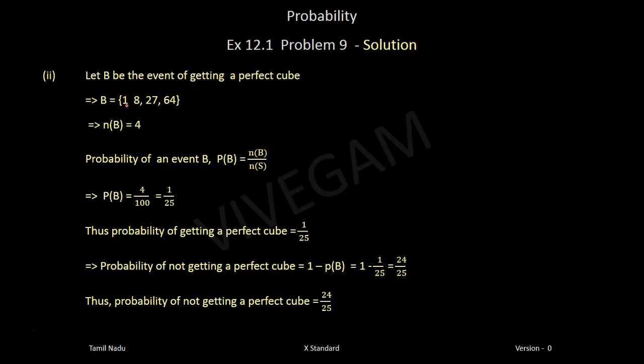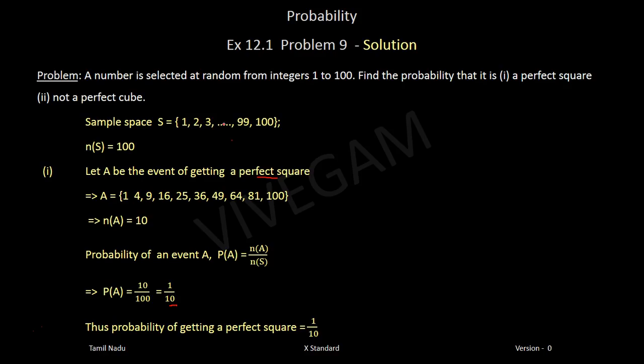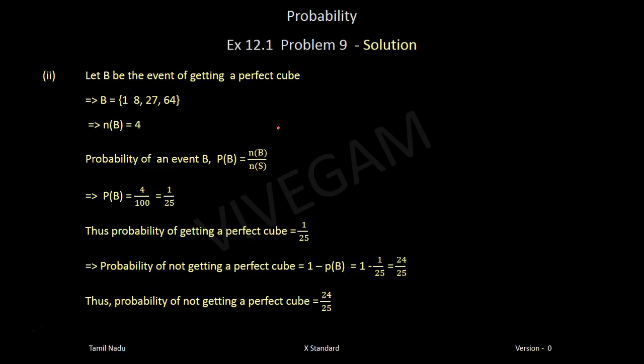Again, 1 cube is 1, 2 cube 8, 3 cube 27, 4 cube 64, 5 cube it becomes 125. It does not fit our case because we have only up to 100 numbers, right? 100 is the last number. So you can't take 5 cube which is 125. So 4 cube is the last number. So these are the 4 cases which are perfect cubes.